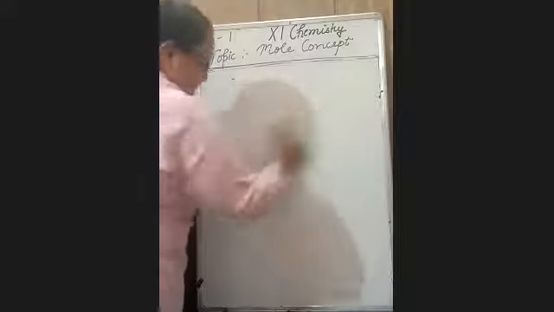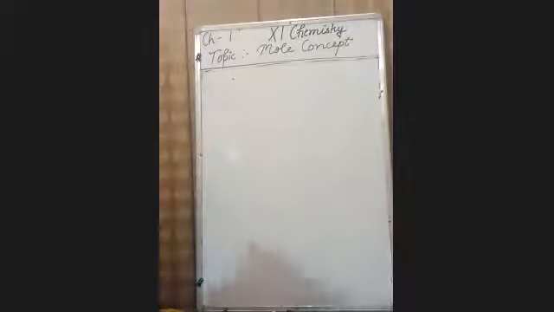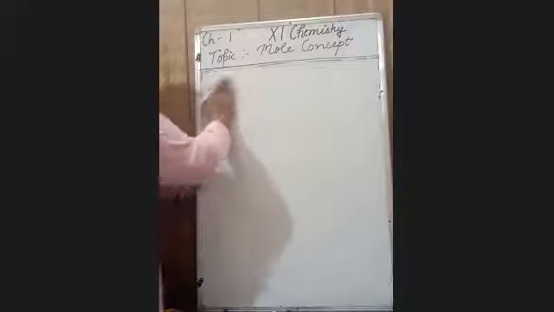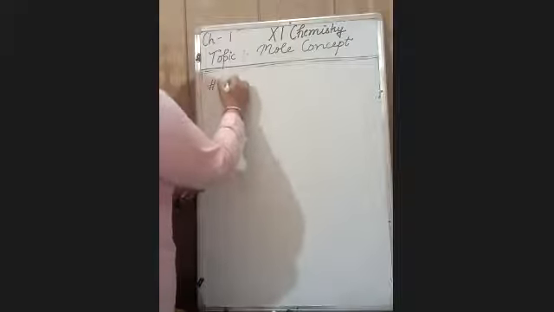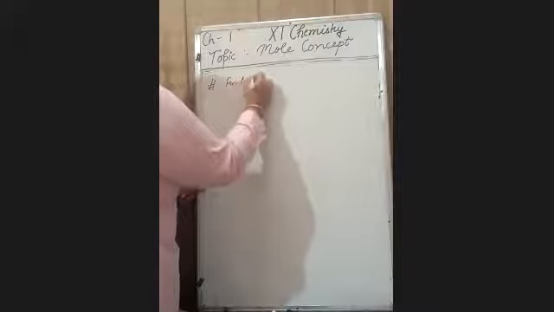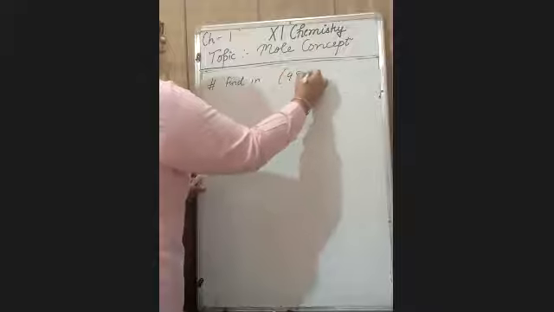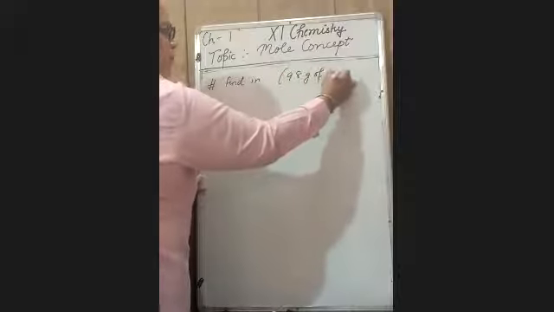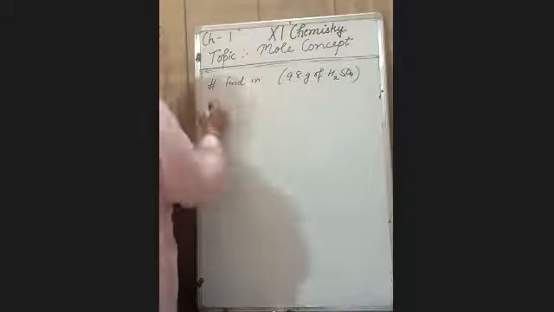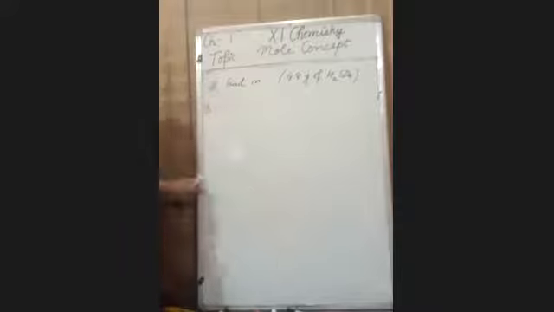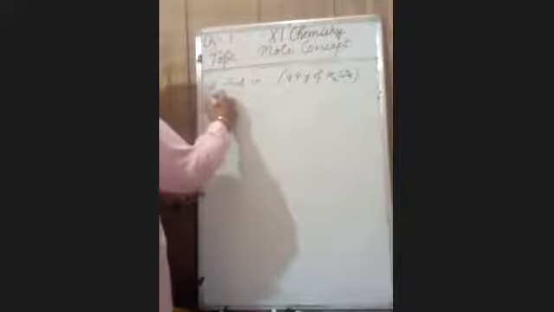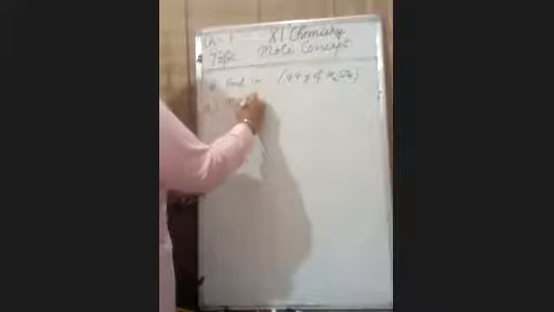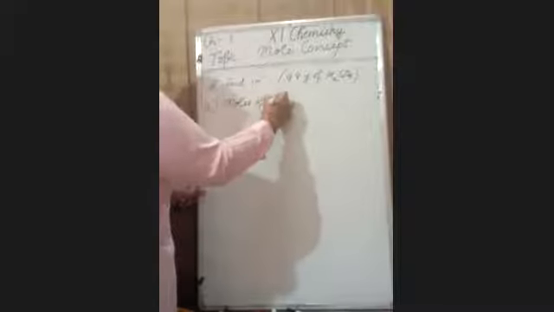Now take one question based on this topic. The first question is, you have to find everything. You have 98 gram of H2SO4. First part is number of moles of H2SO4.